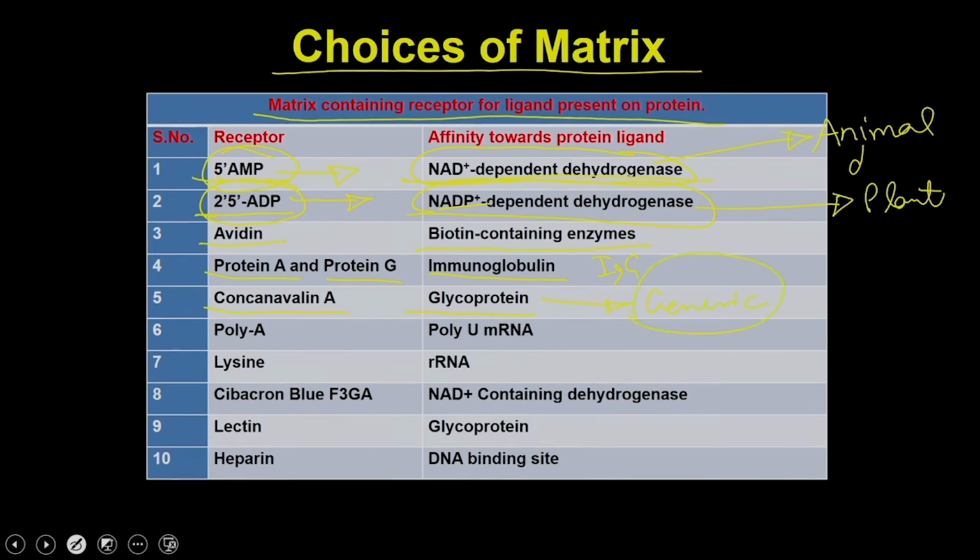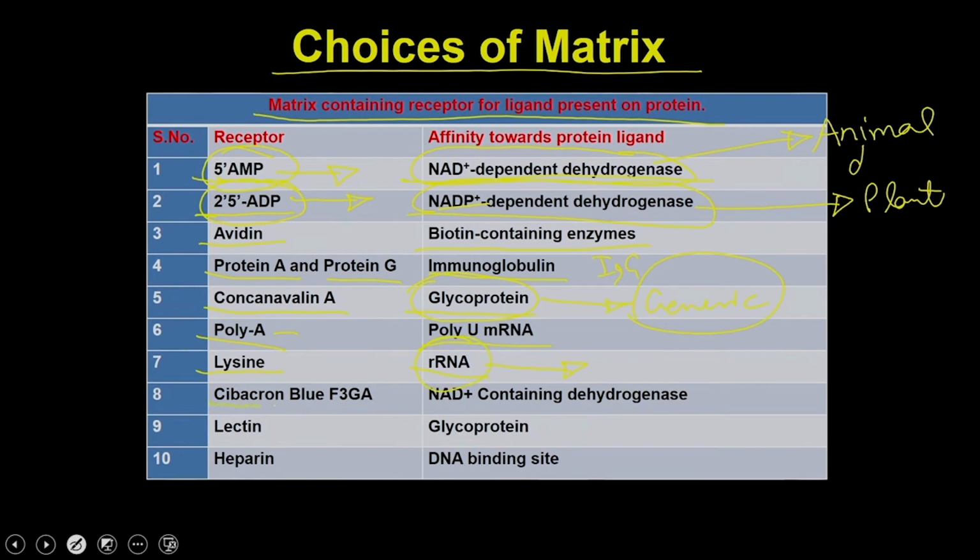It does not depend on the particular type of glycoprotein; it works against the glucose or glycose portion present on most proteins if they are glycoproteins. Then you have the poly A sepharose, which has the affinity against the poly U messenger RNA. Then you have the lysine that has the affinity for the ribosomal RNA. So, that is again generic; it is going to let you purify all the ribosomal RNA present in the cell.